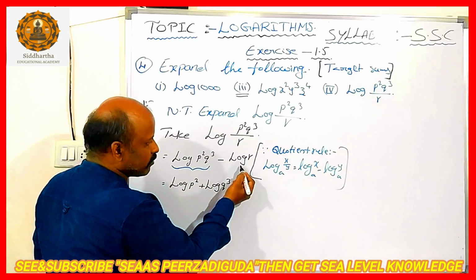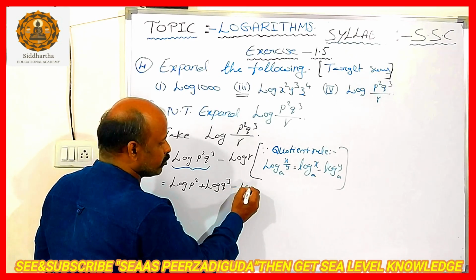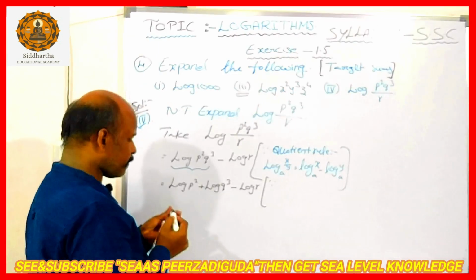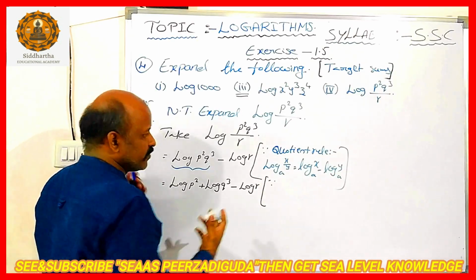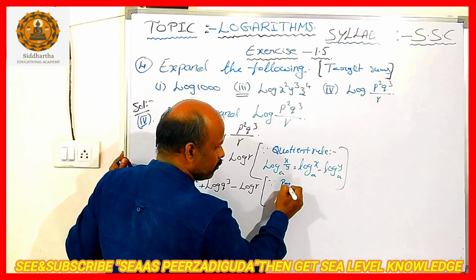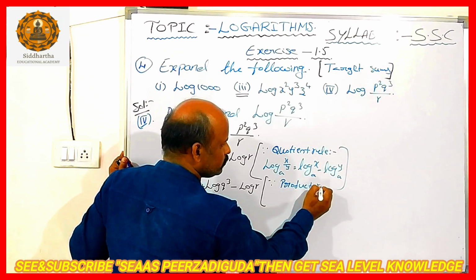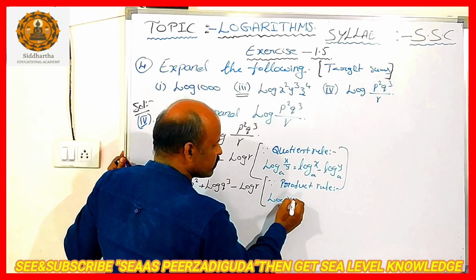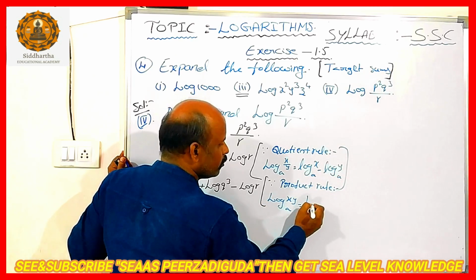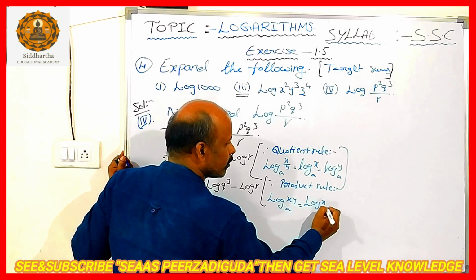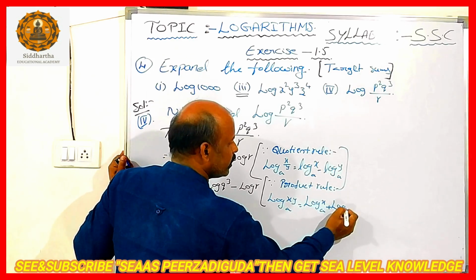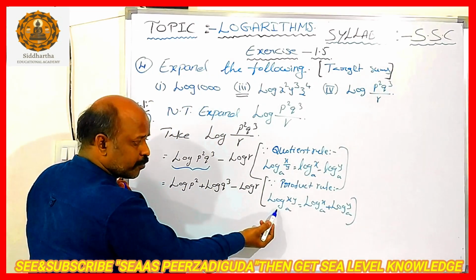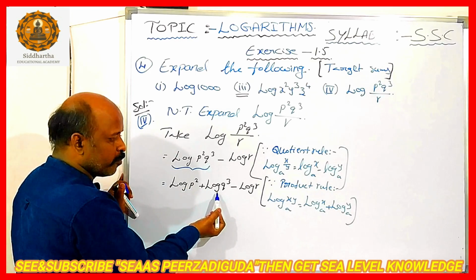After writing this, whatever remains, I am going to write as it is, log r. Which formula did we use over here? Product rule. What is product rule? Log xy base a is equal to log x base a plus log y base a. By using product rule, I split it into two parts.